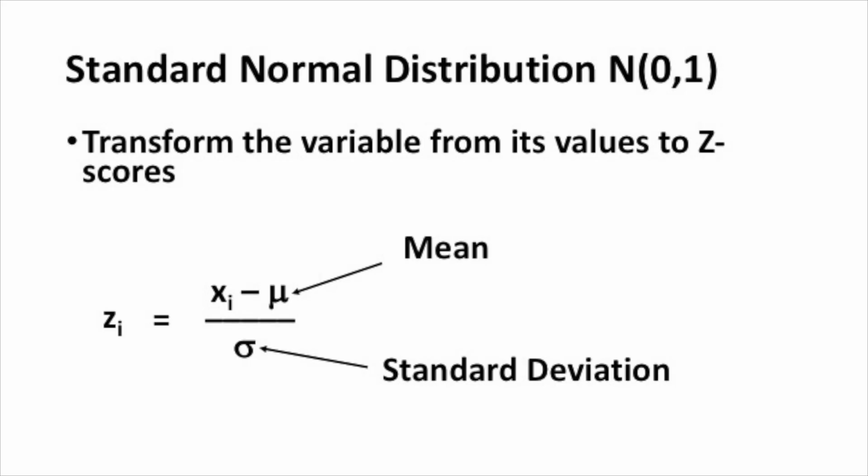But remember, we use this simple formula here to transform variables from its value to a z-score. Likewise, we can start from a z-score, if we know the mean and standard deviation, to tell you what the x value is. So here we have our z-score of 0.84. The mean of the distribution was 330 pounds. The standard deviation is 10.